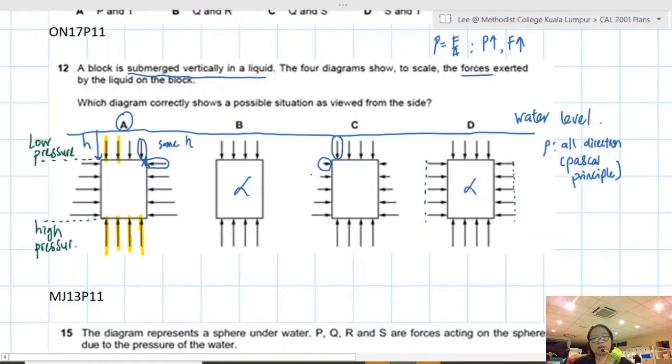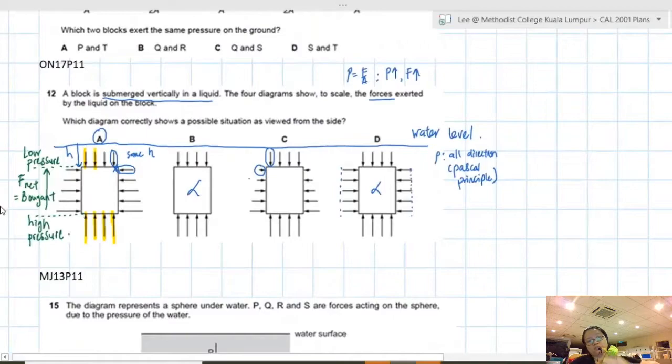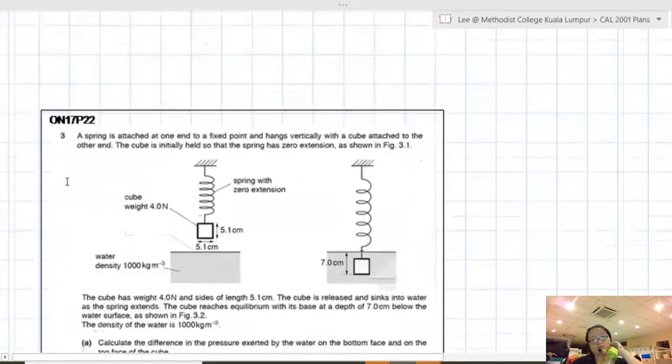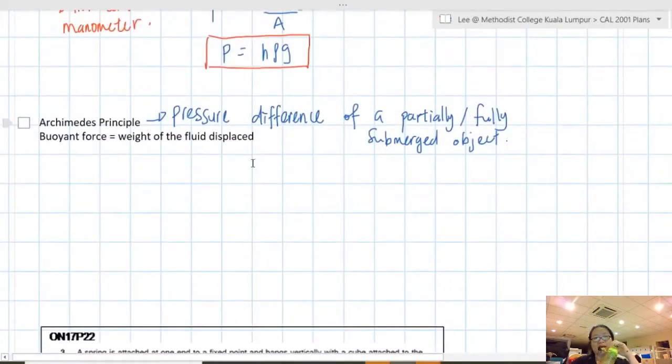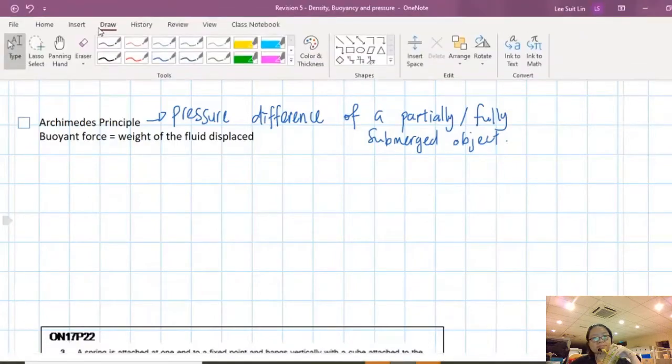Down there would be high pressure because there's more water on top of it, so more force. So there will be a net force from the high pressure pressing up on the low pressure. That would be your buoyant force. Hence the pressure difference.